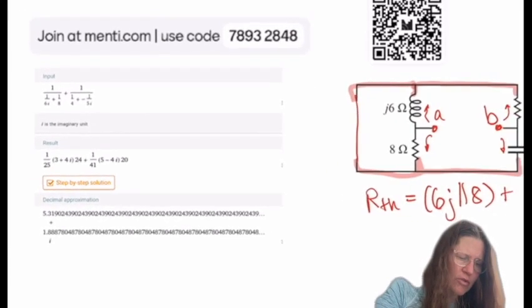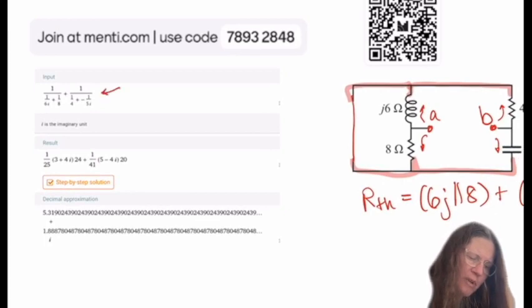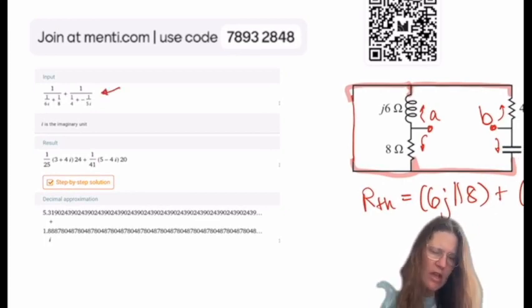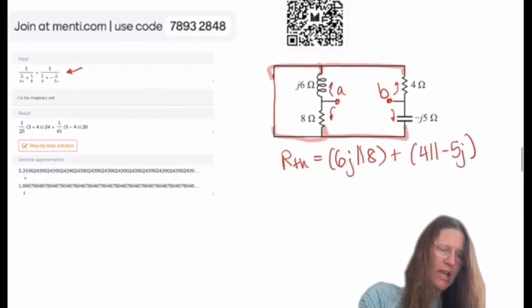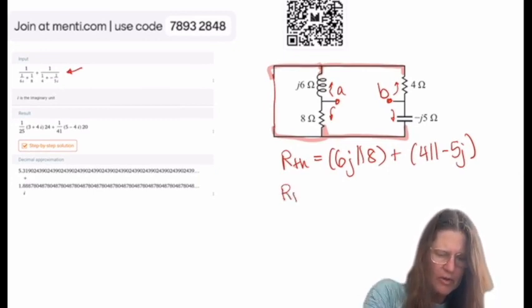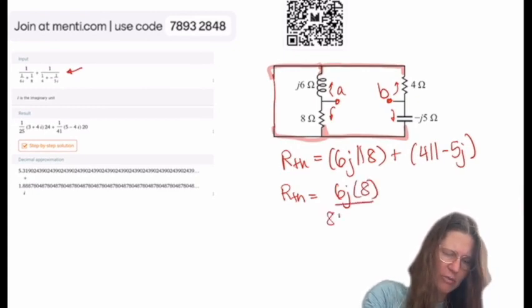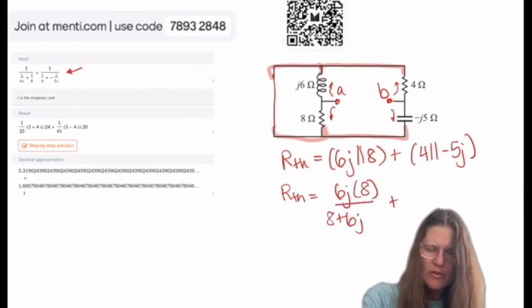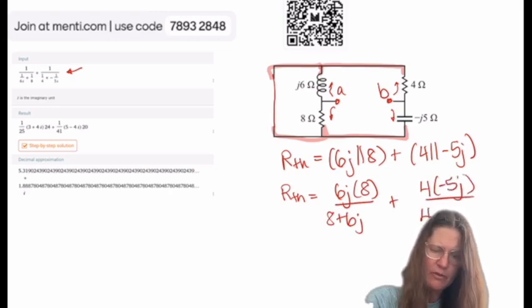And so you can put that in Wolfram, or you can do it by hand. So this would be 6j times 8 over 8 plus 6j, plus 4 times minus 5j over 4 minus 5j.